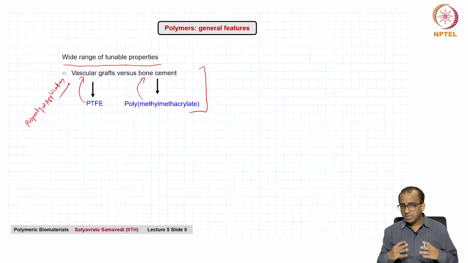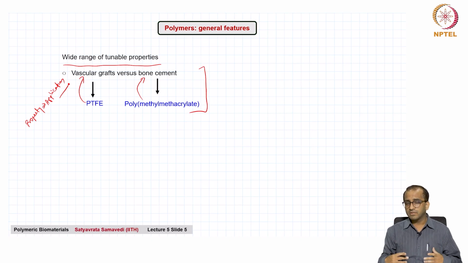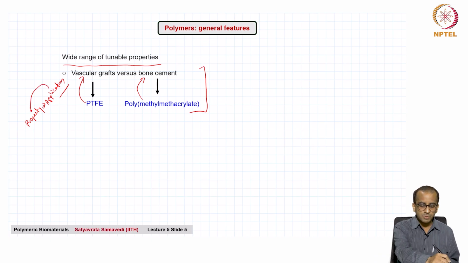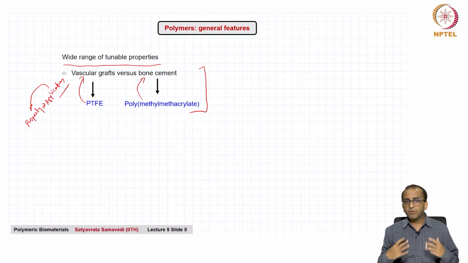And that is a very important theme in this entire course, where you are looking at what kind of environment the material is going to be subjected to, what conditions it will have to withstand, what mechanical forces it will have to withstand, what pH it will be subject to. All these have to be accounted for from the application perspective to determine what properties are required for your device or biomaterial.